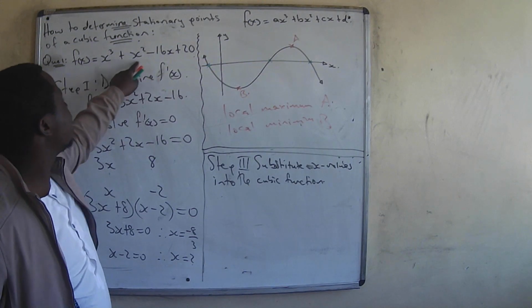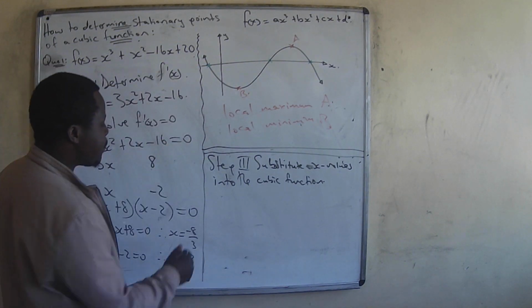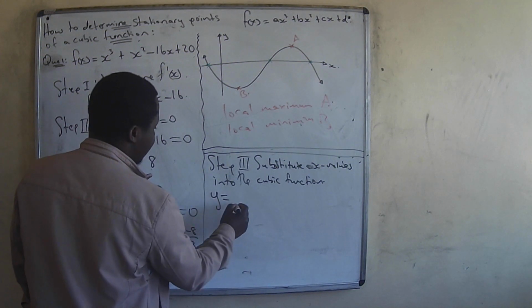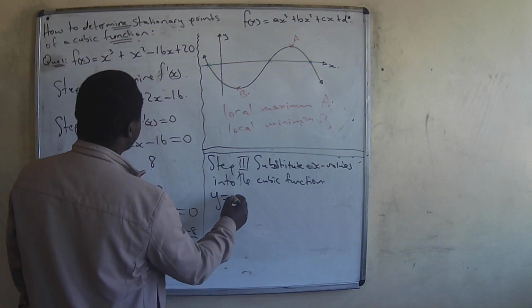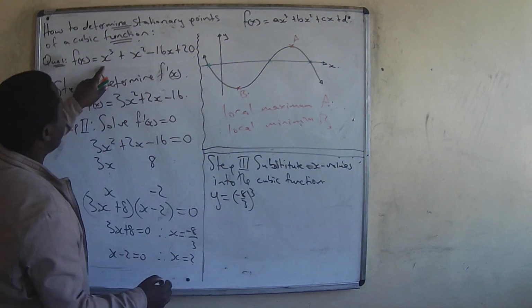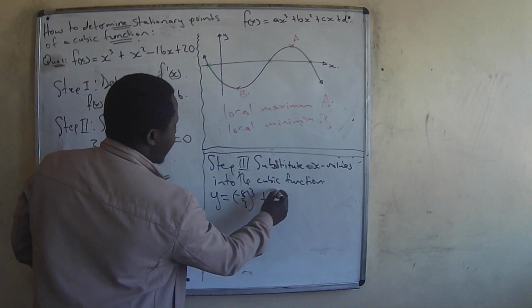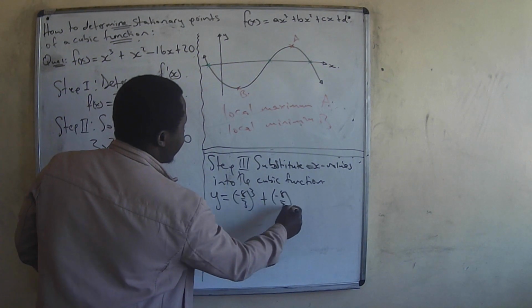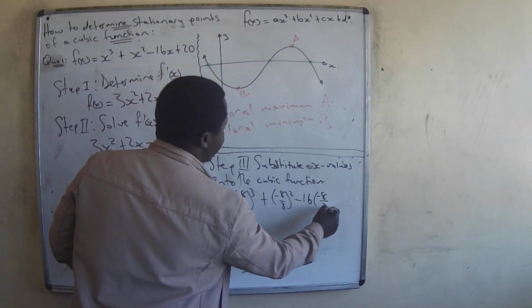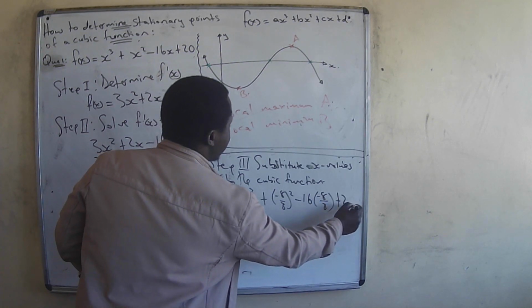When we substitute x equals negative 8 over 3, we get the corresponding y value. y equals negative 8 over 3 cubed, plus negative 8 over 3 squared, minus 16 times negative 8 over 3, then plus 20.